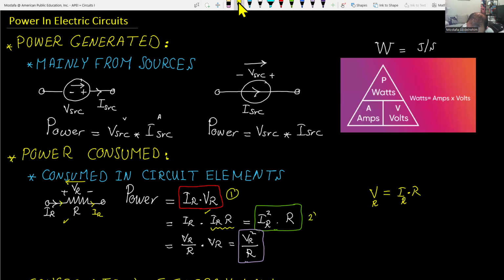This is the second law: you can also remove the IR and put V divided by R. That will give you VR multiplied by VR divided by R, so that's V squared divided by R, the voltage of the resistance squared divided by R.